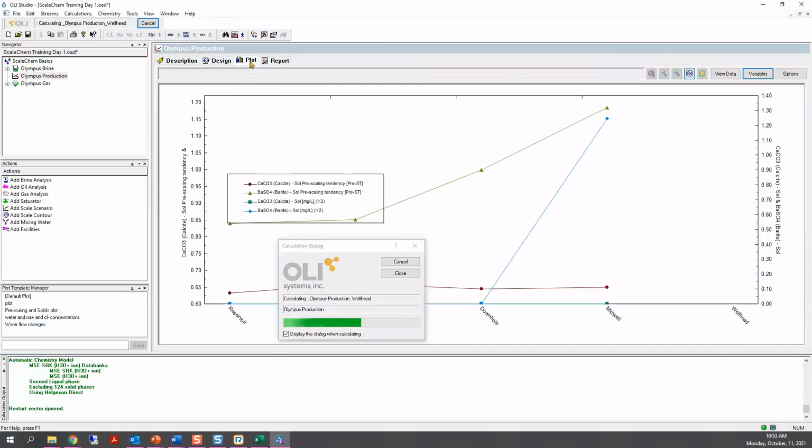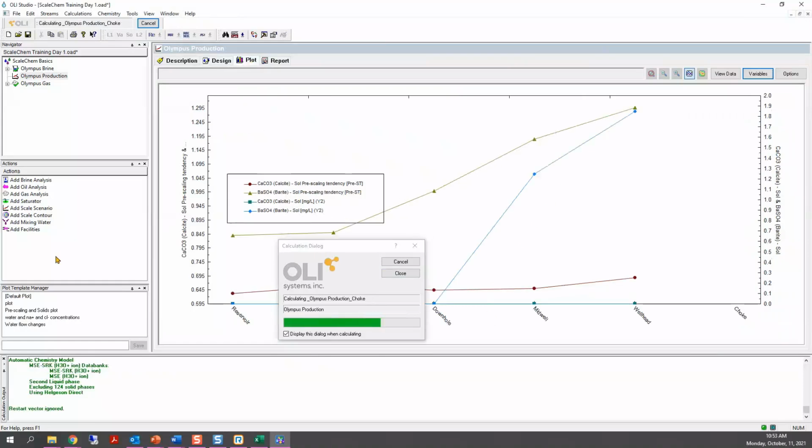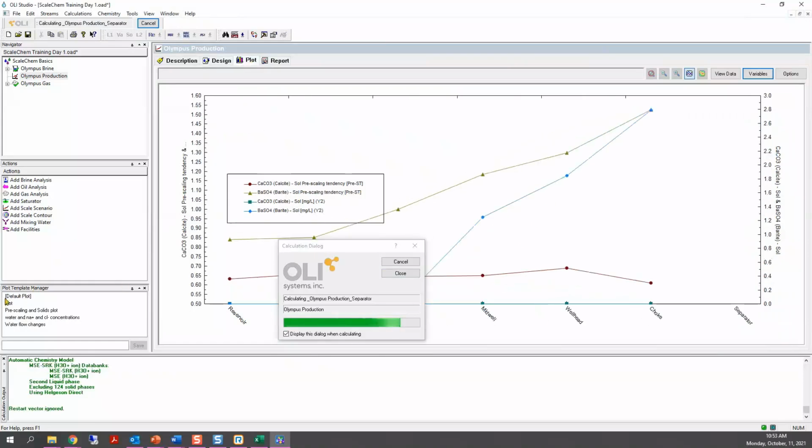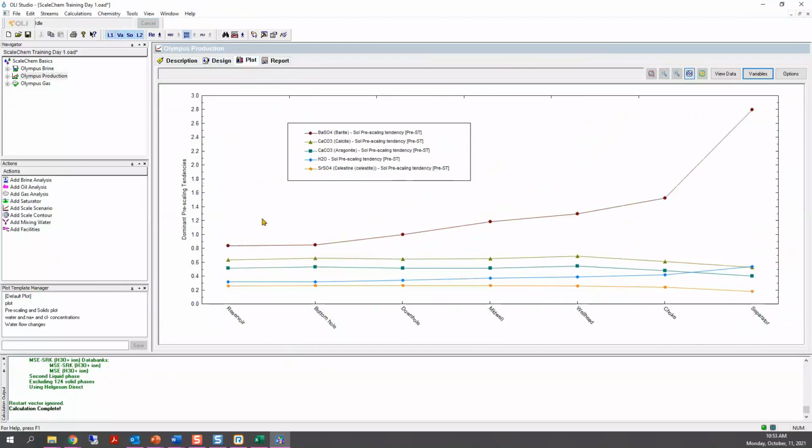So if we go to the plot, let's see the default plot first. So in here, now we are going to see what happened to the scaling tendencies, right? Before, with only the water, we were predicting that we had supersaturation of calcite, 15 times supersaturated.